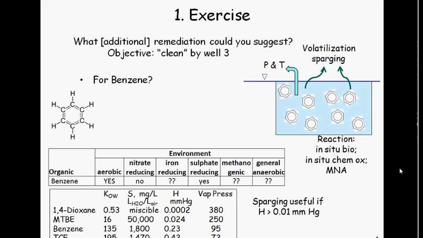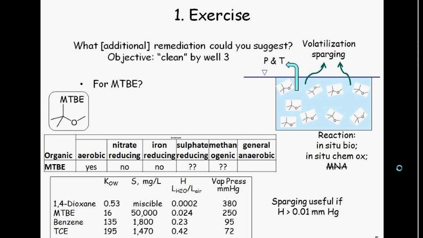Okay, benzene's easy. Let's move on to MTBE. And remember that MTBE seems to be undergoing some attenuation by well 3, but certainly with too high a concentration. Same possibilities. We've rejected MNA because we've already seen the effect.